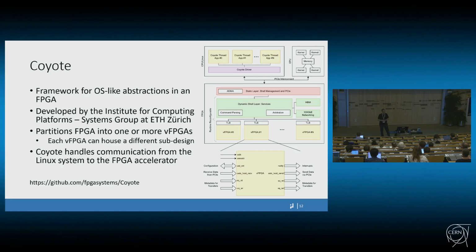And what it does is it partitions the FPGA into multiple blocks that you can each put a design in, and it provides interfaces and also the configuration interface, a build system, and also handles the communication and the Linux driver for sending data via the PCIe interface.